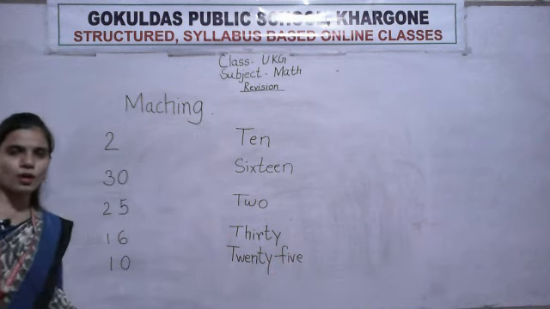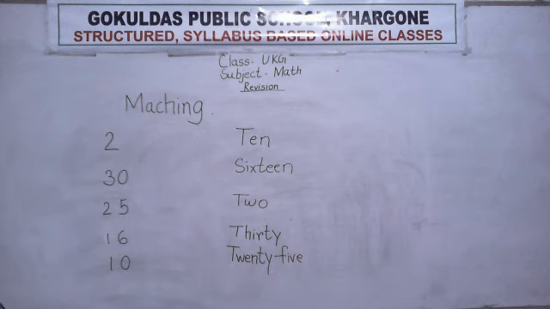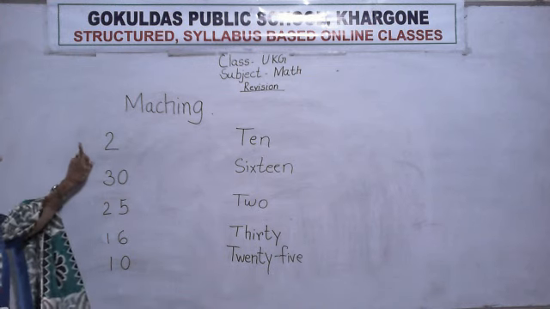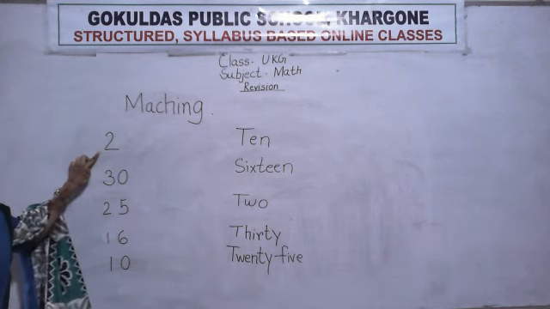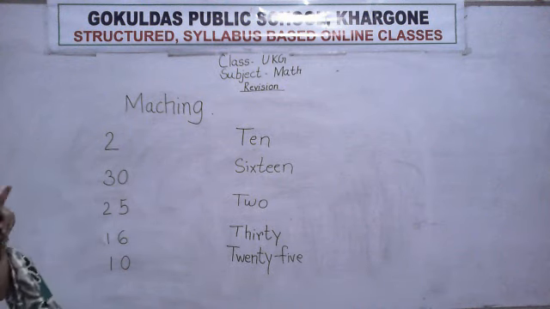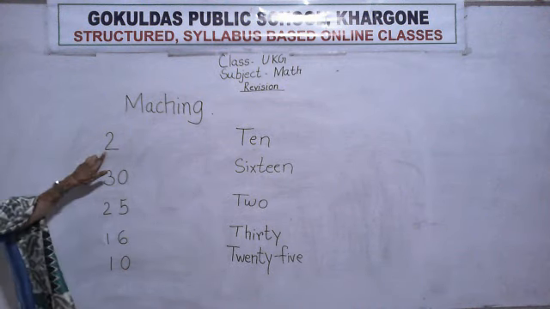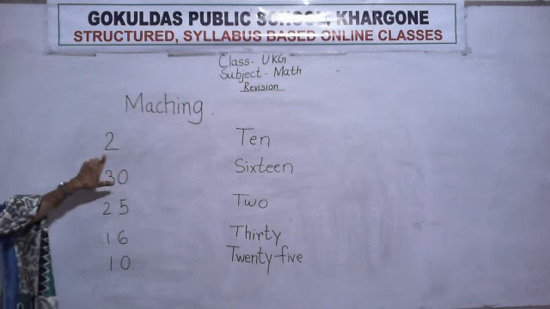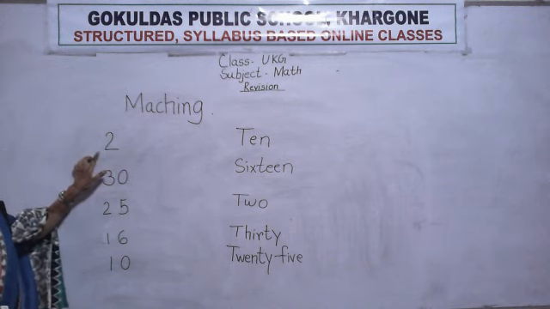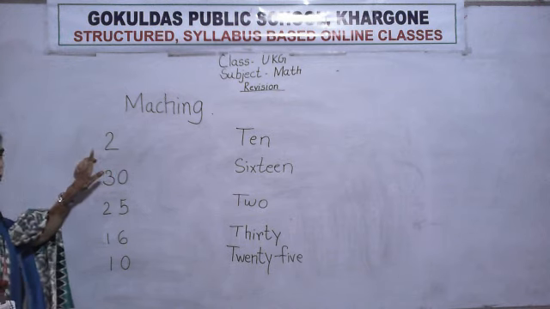Let's do some small exercise. This is your oral. So only revise it. First, you identify the number, which number of these. Then you revise the spelling of the number. What is the spelling of this number? First you call which of these numbers? This is number 2.